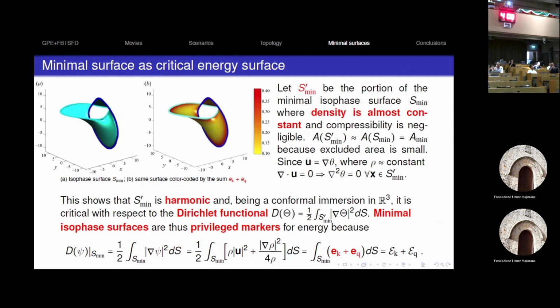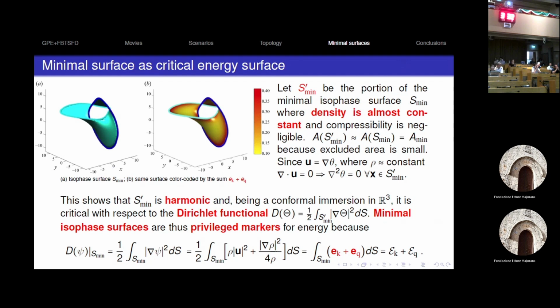And since u is the gradient of the phase, you end up having the Laplacian of the phase equal to 0. But since we're looking at isophase surfaces, this means that S prime minimum, that part of the minimal surface where rho is almost constant, is harmonic, and therefore is critical with respect to the Dirichlet functional defined in this way.